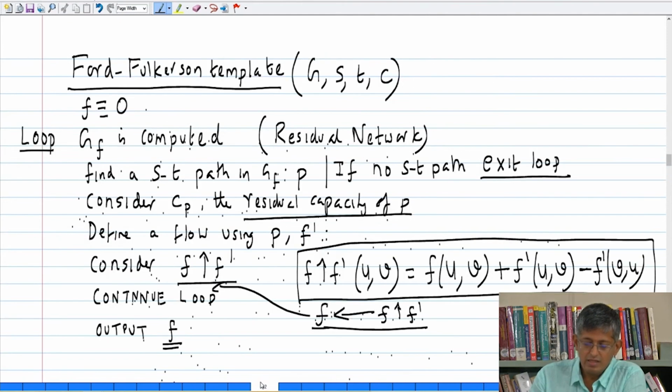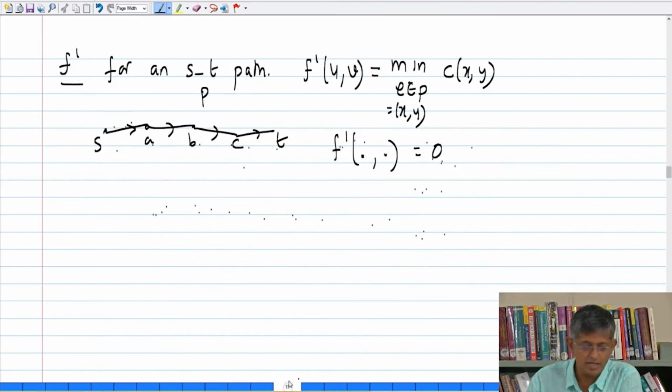Recall the way the augmentation happens per edge. You take the old flow that was in f, add the new flow and subtract the flow which might have come in the opposite direction. So let me show that to you pictorially.